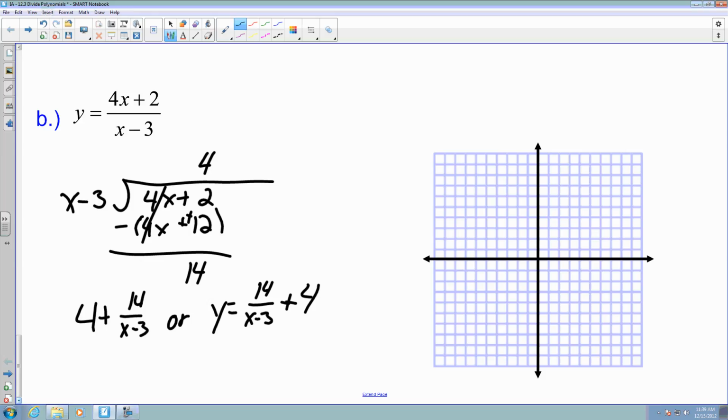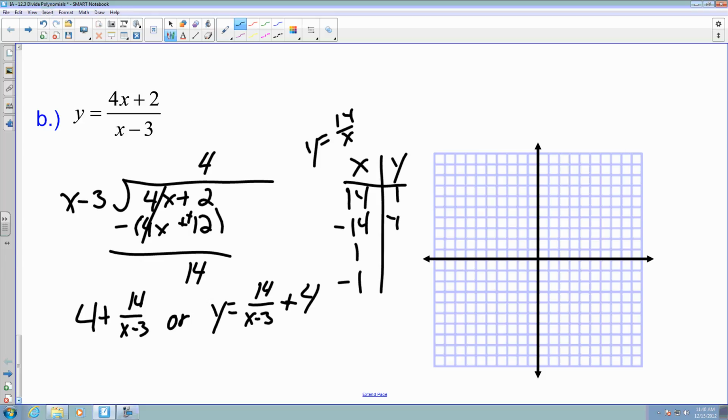And again, your t-chart, 14, negative 14, 1, negative 1. We treat this as if y equaled 14 over x. So we got 1, we got negative 1, we got 14, and we got negative 14.